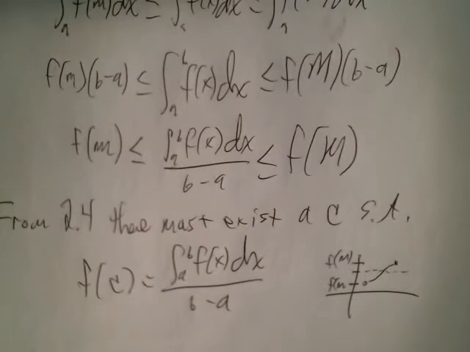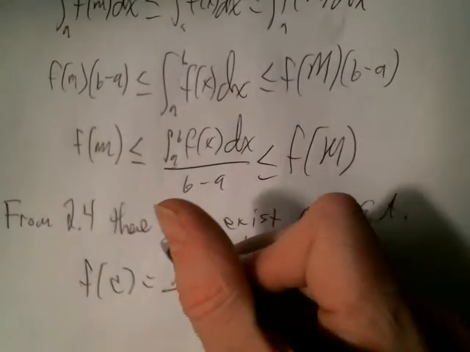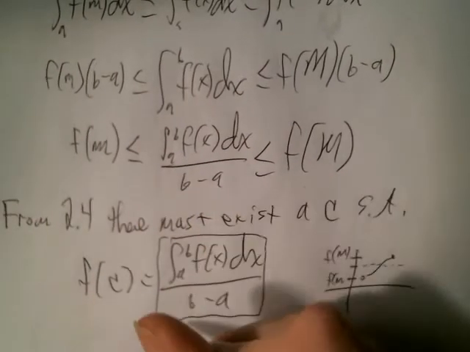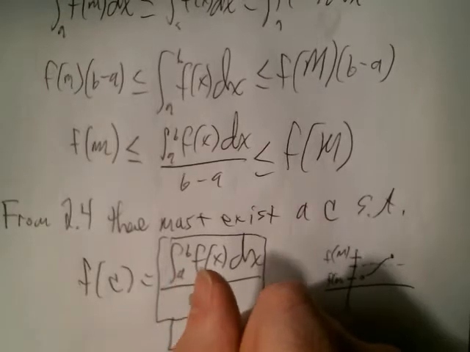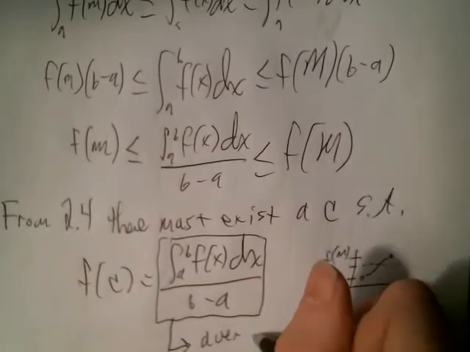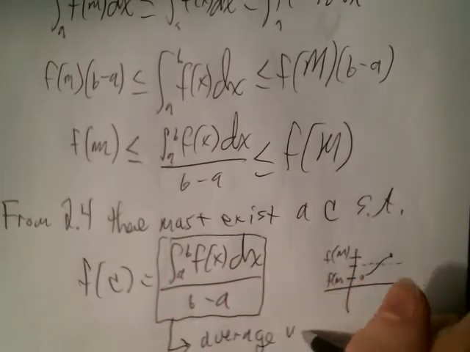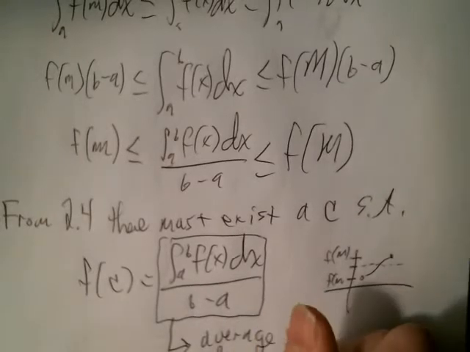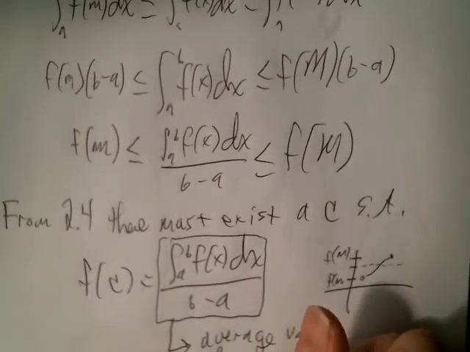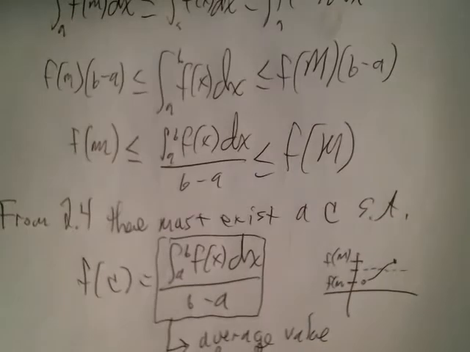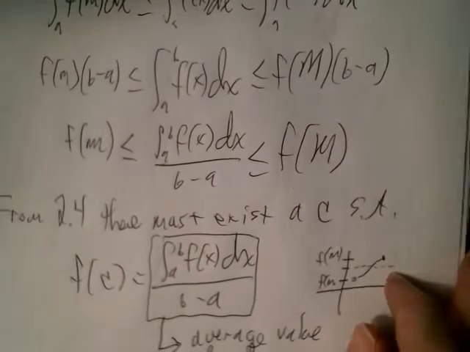So that's pretty much it. They'll also note that they consider this the average value of the function. So this object here, they're going to call the average value of f, assuming that f of x is continuous.